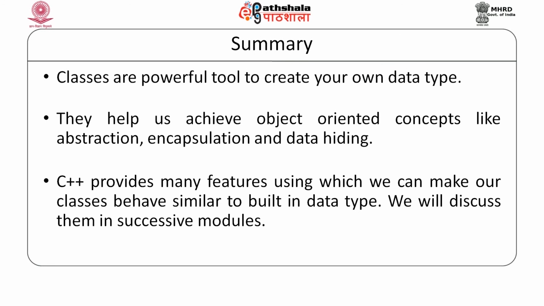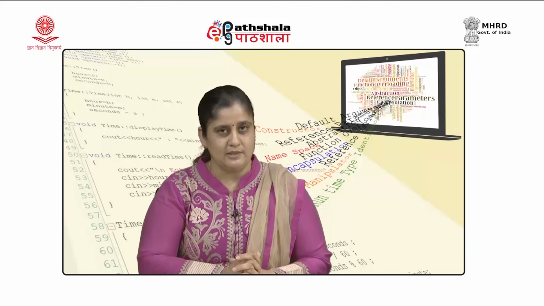Now, up till now we have seen that for the objects of the classes we perform only one operation, like assignment, but the rest of the operations we cannot perform, which makes our data type a little inferior to the inbuilt data types.